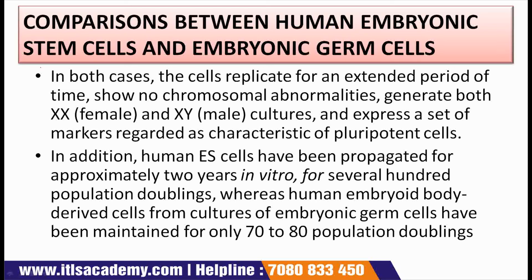Very first point is, in both cases, the cells replicate for an extended period of time, show no chromosomal abnormalities, generate both XX genotype, that is female, and XY, that is male genotype, and here generate both cultures, that is male and female cultures.